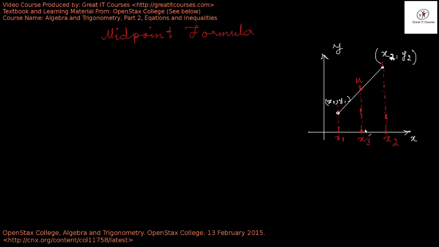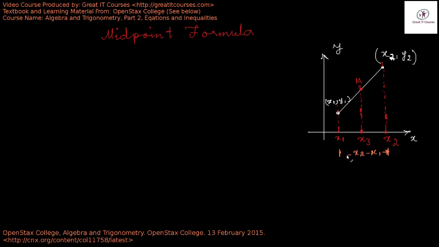If I can find that out, then the problem is basically solved. Now you already know that the length between x1 and x2 is basically the length of the line from here to here, which is x2 minus x1.